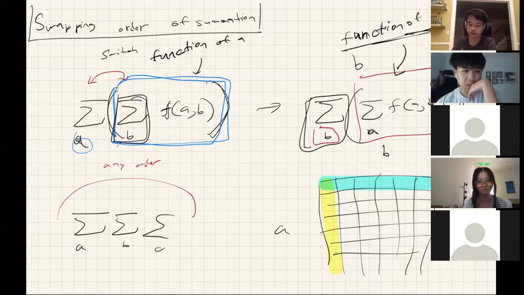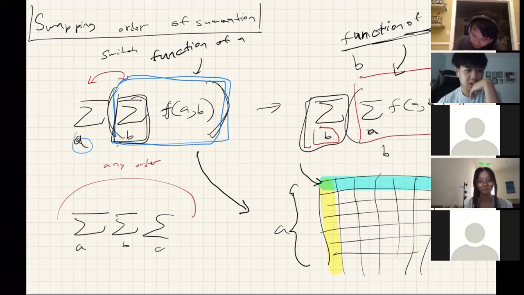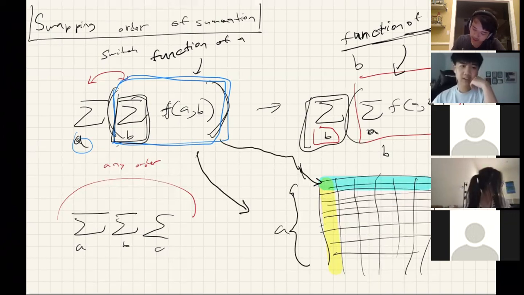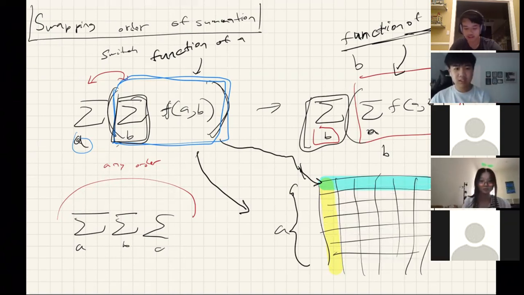You can think of this nested sum as all a that satisfy the condition, and each of these rows is going to represent a particular sum in terms of b, right? So you just sum the value of the stuff in each row over all rows, and that would be like summing this nested summation this way.